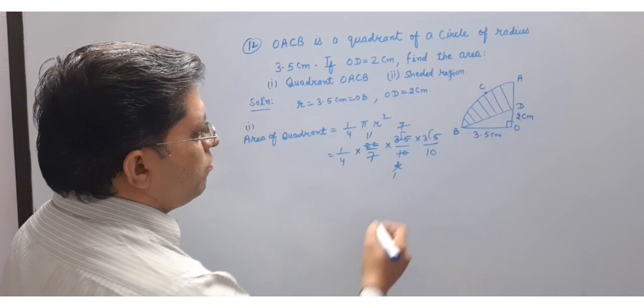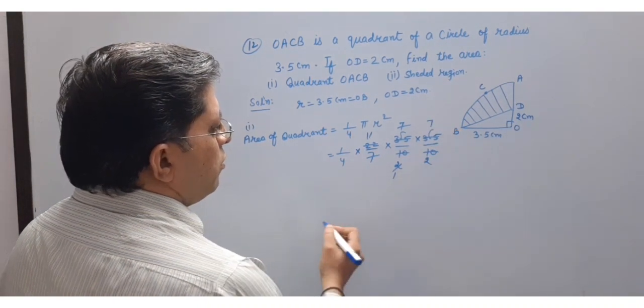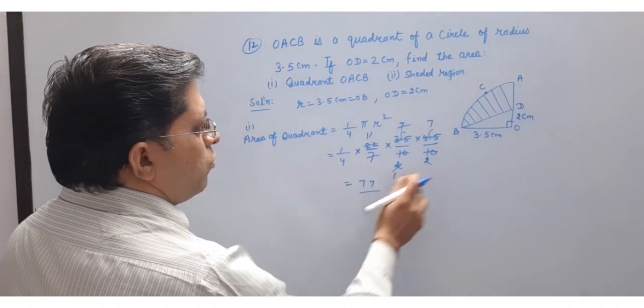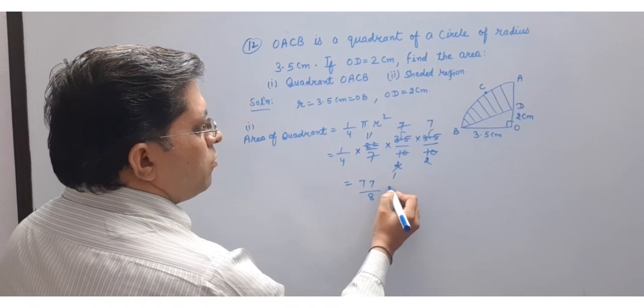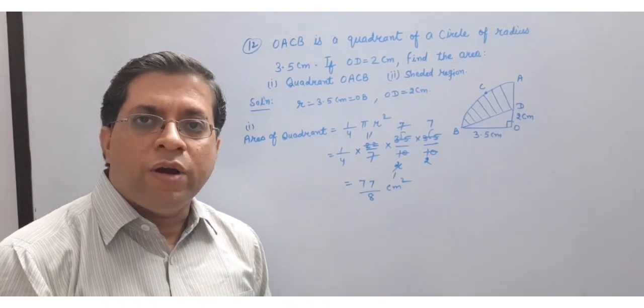Then what will come? 5 2s are 10, 5 7s are 35. So this is 77 upon 4 2s are 8 centimeter square. This is very simple, area of quadrant.